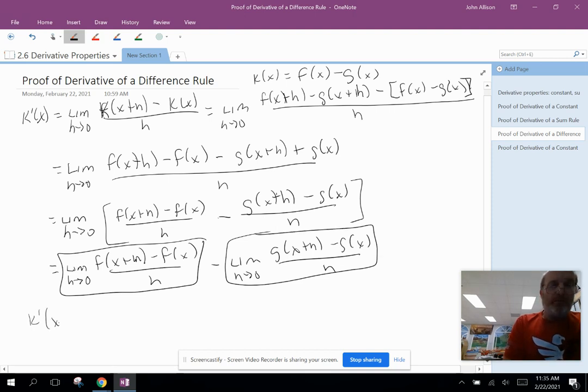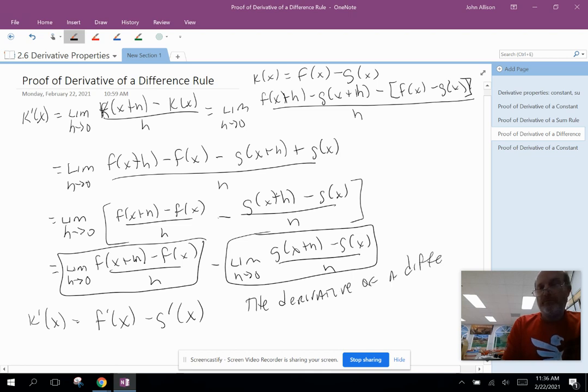So we have k prime of x equals f prime of x minus g prime of x. And the derivative of a difference is the difference of the derivatives.